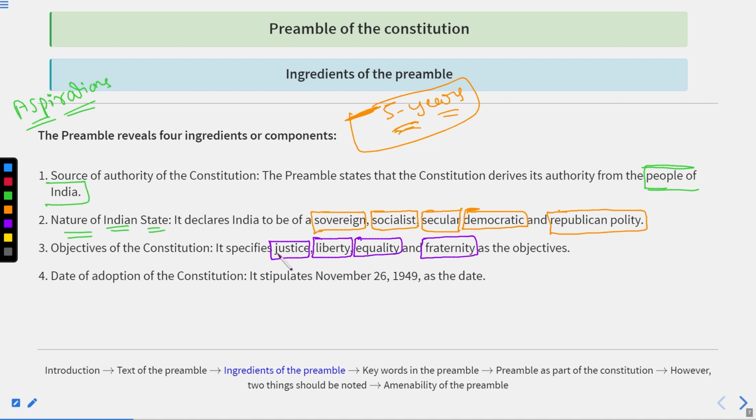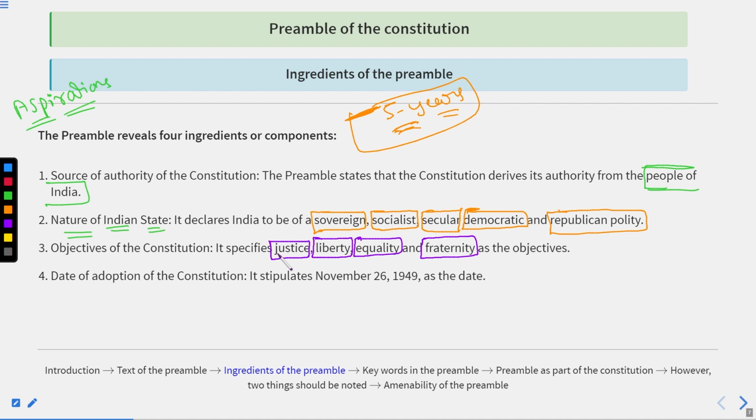All right, anyone who wants to believe anything, he could believe. Anyone who wants to express anything, he could express. Anyone who wants to have faith in any particular thing could have the faith. Anyone who wants to worship any religion could worship any religion. Equality means that in India there is equality for all.